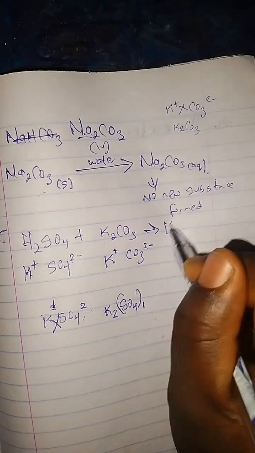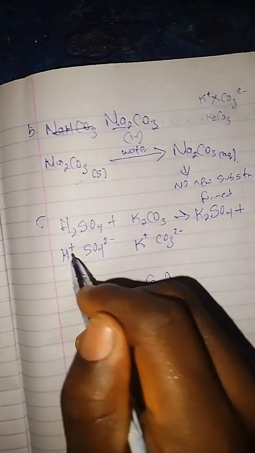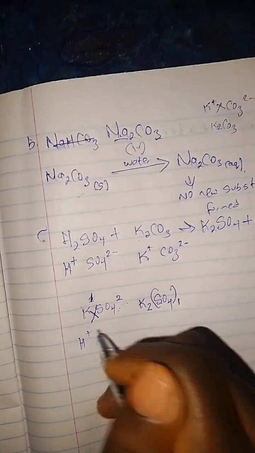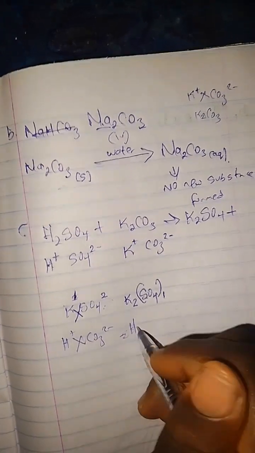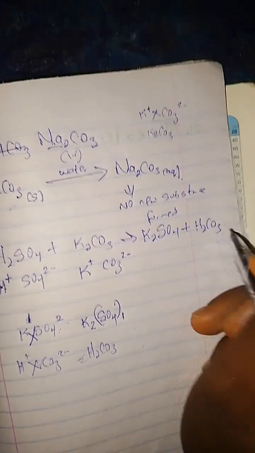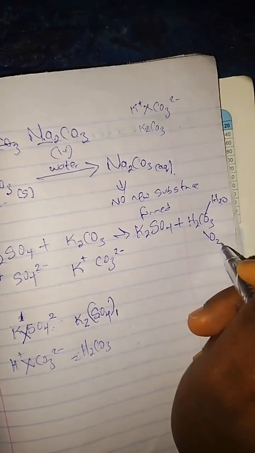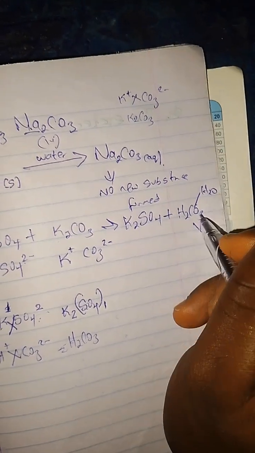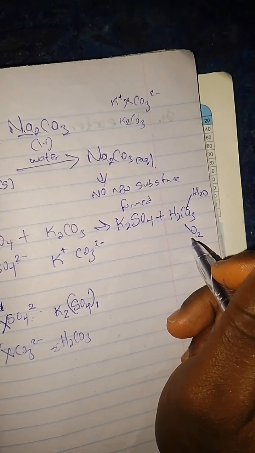So we have K2SO4 plus, what is remaining? Hydrogen has plus, CO3 has 2 minus. Interchanging valency, we have H2CO3. Take note, in some reactions you are going to see water and carbon dioxide, it's the same thing.